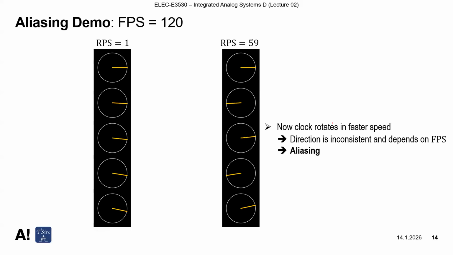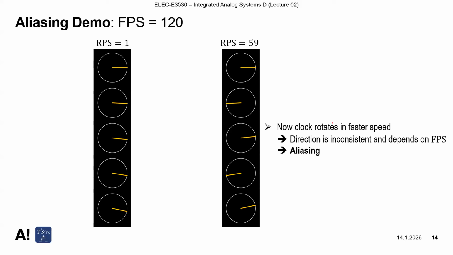This happens because of aliasing. When we increase the sampling speed twice to FPS equal to 120, an interesting phenomenon happens. RPS equal to 59 now goes to a clockwise direction.